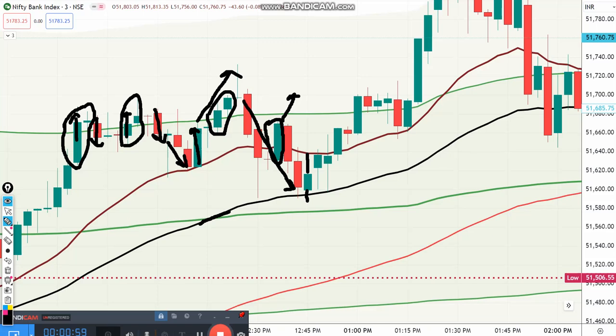So this is the first candle. Also, this is the first candle after the crossover of 21 EMA and 50 EMA crossed the VWAP band. So this is the 50 EMA, and this is the 21 EMA.